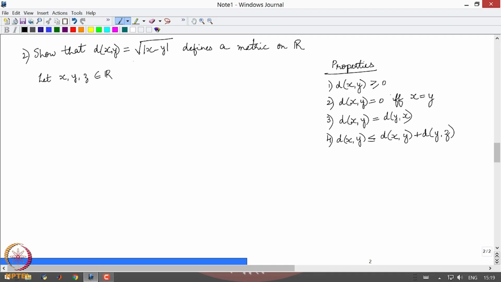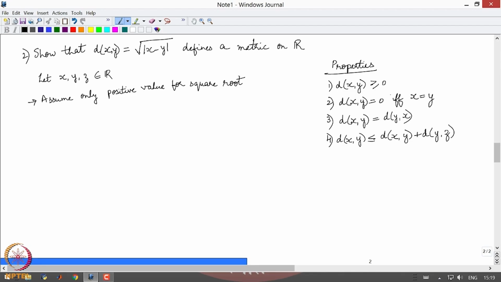I am assuming that we take only positive values for square roots. So, we are restricting ourselves only to the positive roots of this number.